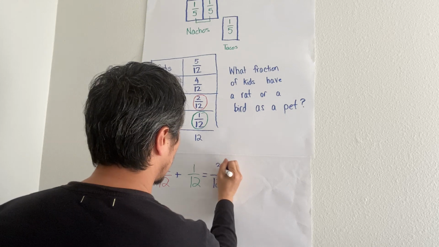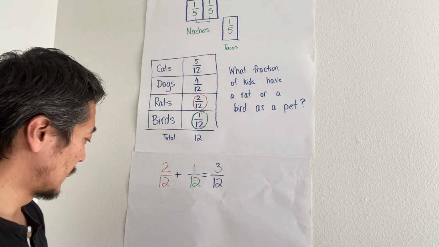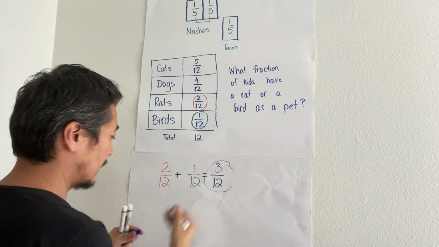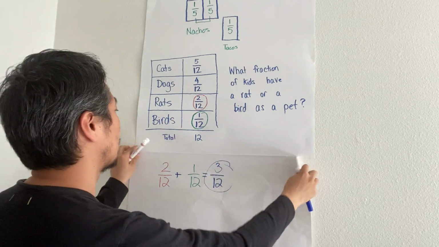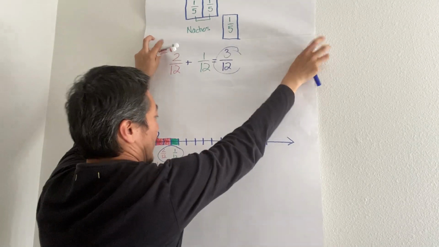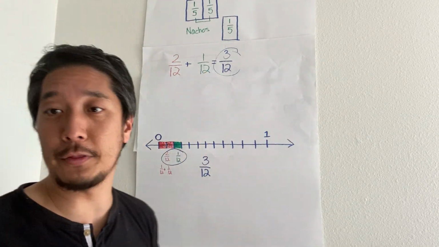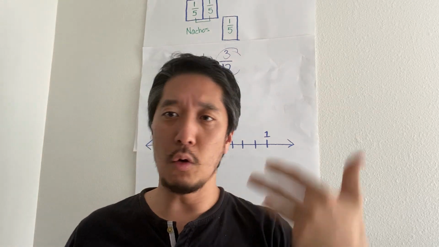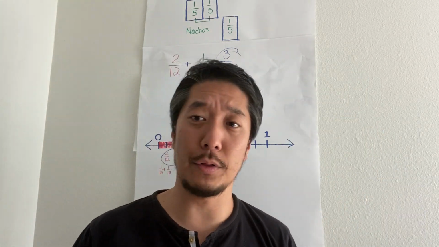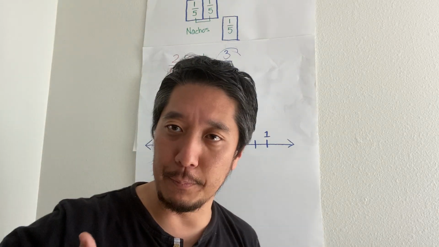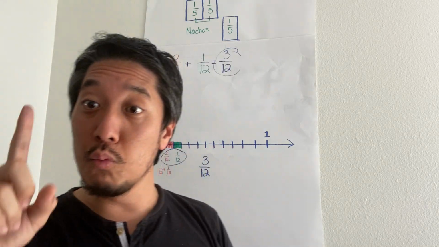So we're going to put that there. Did I come up with the same answer here? 3/12. Is that the same as my number line answer? Yeah, 2 different methods. So whether you want to draw or whether you want to use a standard algorithm, it's all up to you. So before we get started on the examples, I'm going to give you one problem.